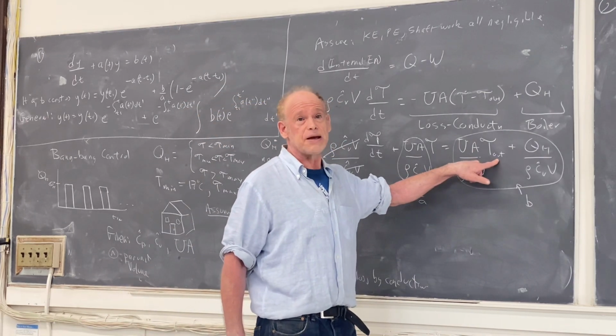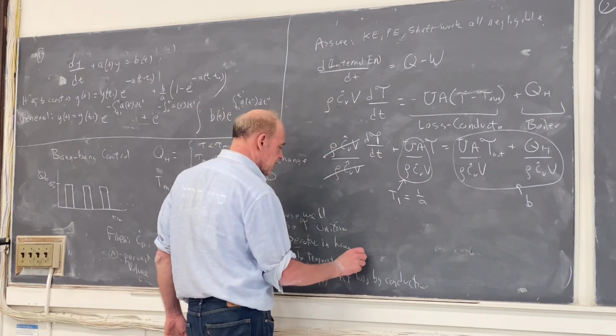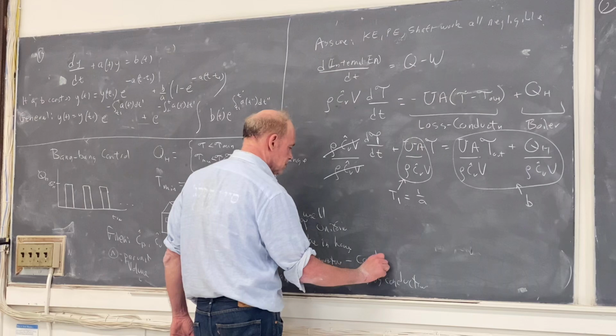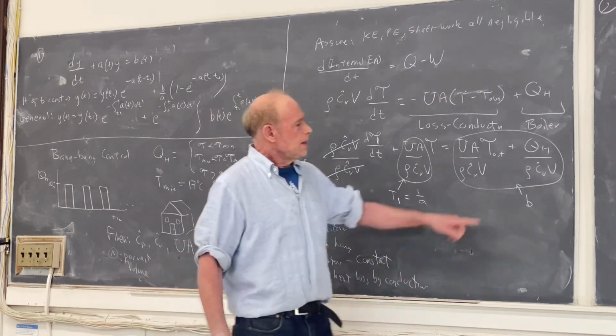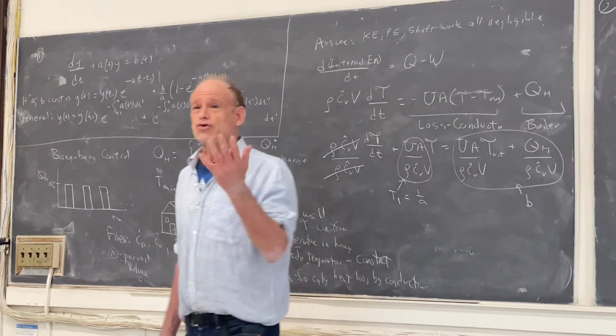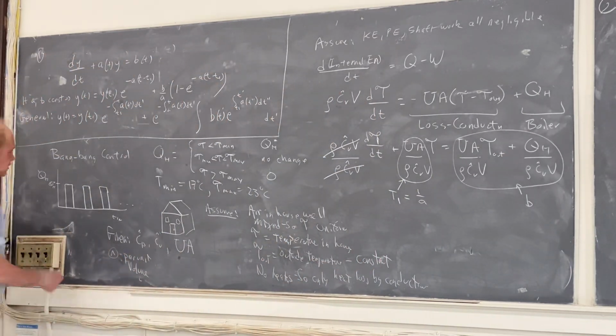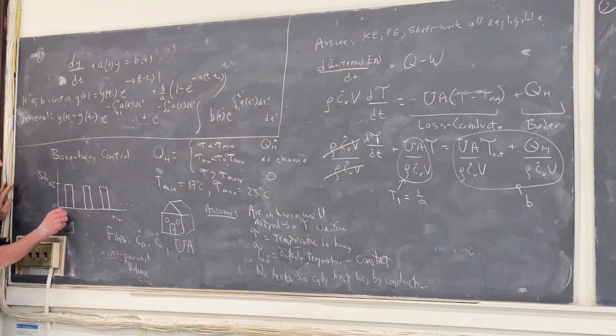I'm assuming the temperature outside doesn't change, so the denominator is a constant. The numerator is a function of time, but I can treat each period, from T1 to T2, as a separate problem.